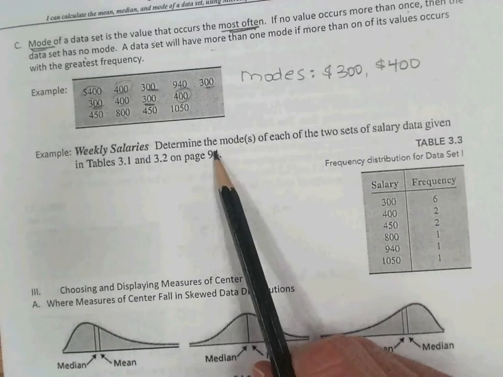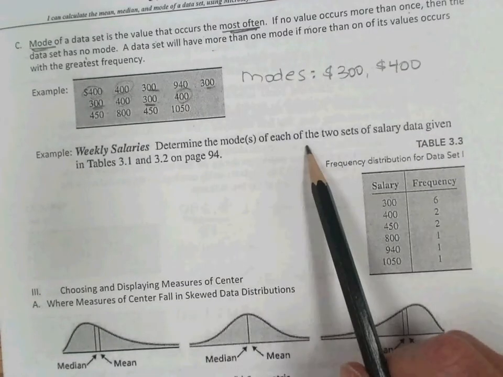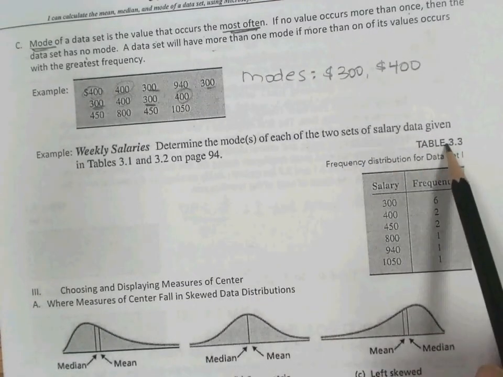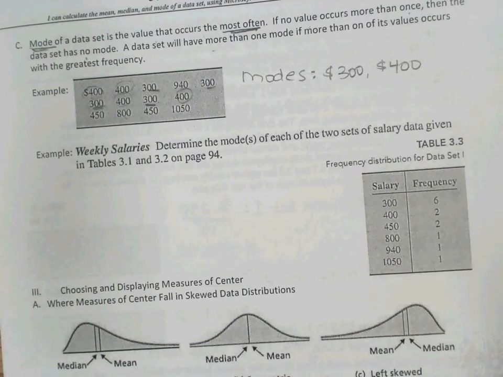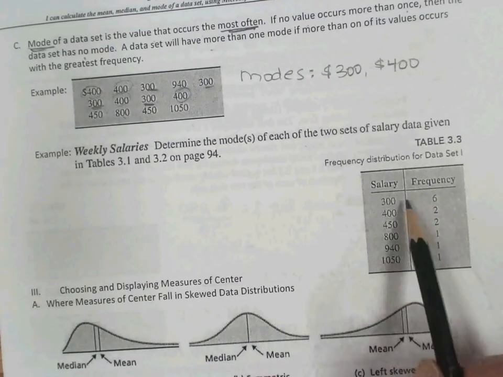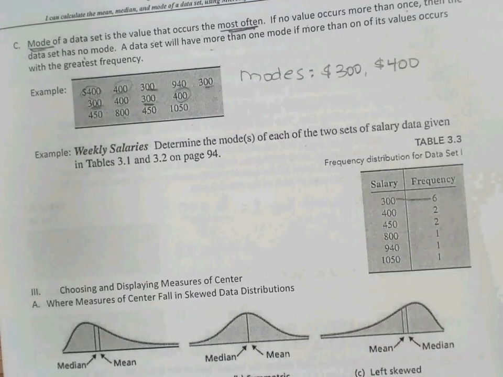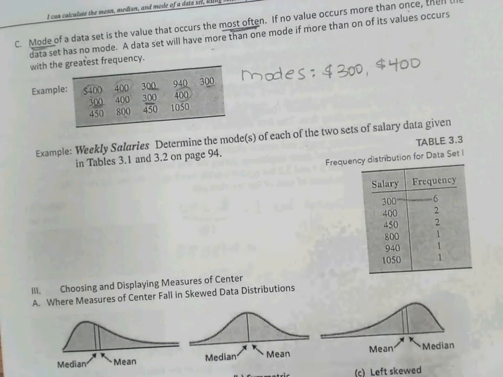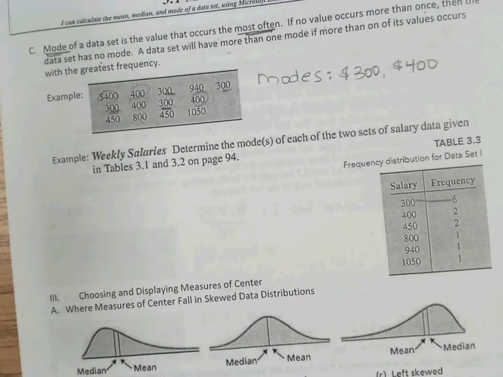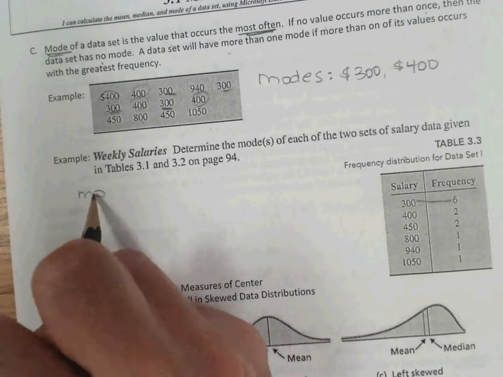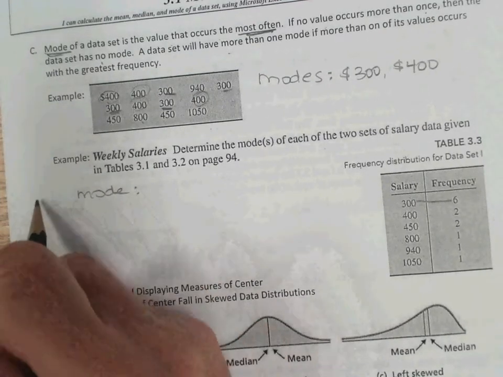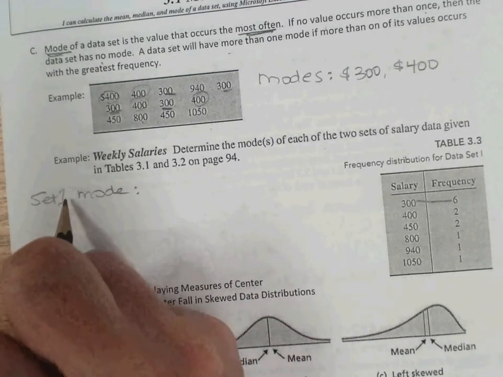Another example here, weekly salaries. Determine the mode or modes of each of the two sets of salary data given in tables 3.1 and 3.2 on page 94. So it looks like we have a frequency distribution of data set 1, and so it's fairly obvious that there are 6 $300 a week employees, and that would give us our mode for set 1.